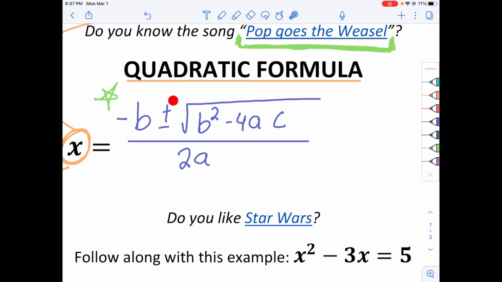Negative b. Wait, now I'm forgetting it. So it's negative b plus or minus square root b squared minus 4ac all over 2a. So that's negative b plus or minus square root b squared minus 4ac all over 2a.